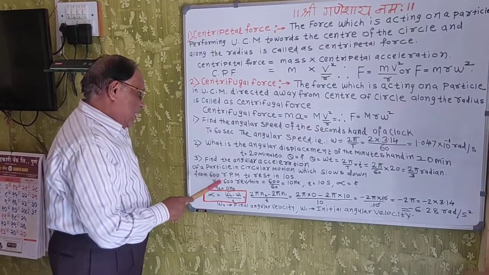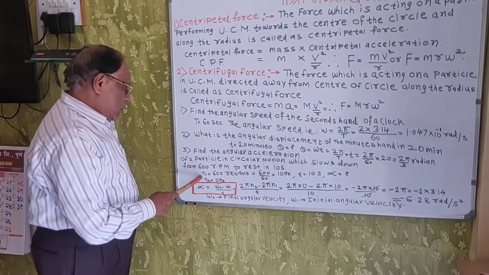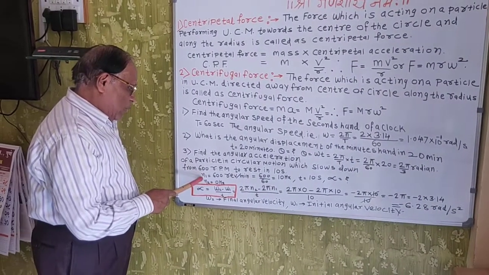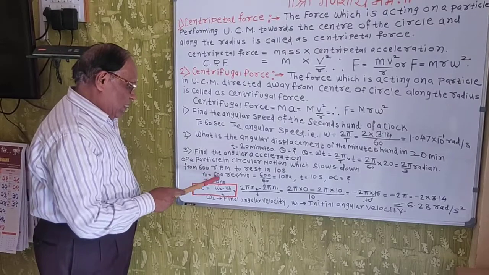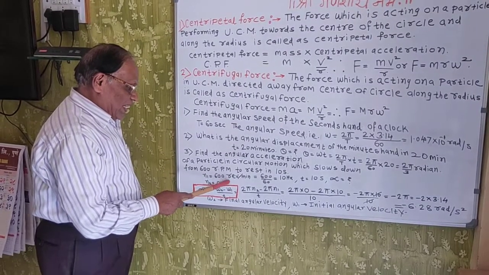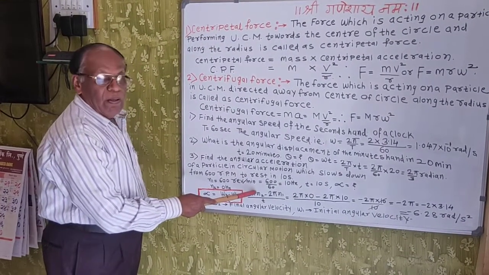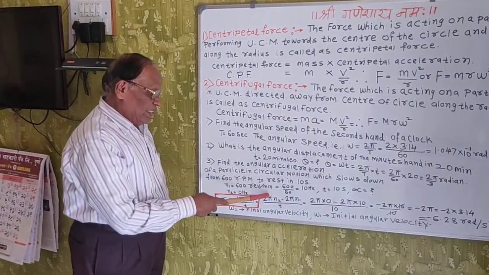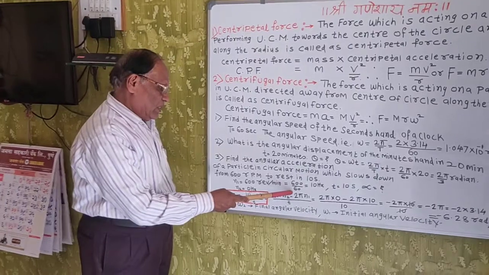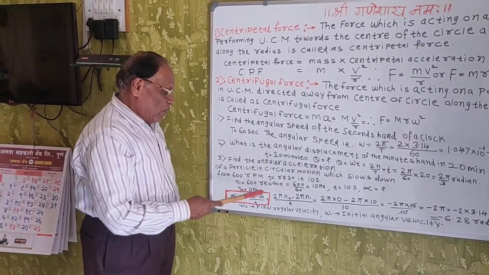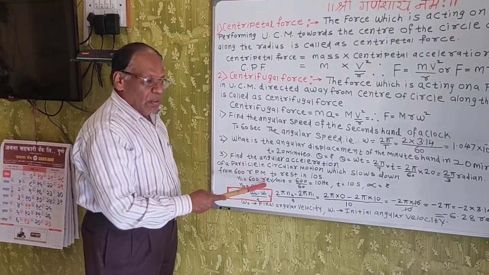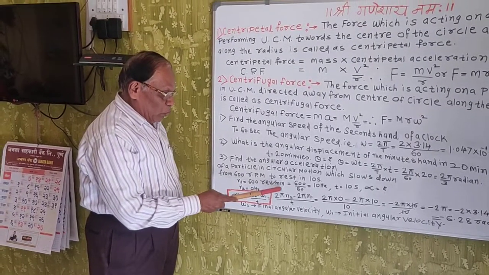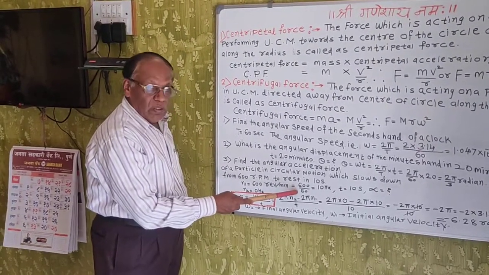Now see here, in this case the frequency is given as n1, initial frequency, as 600 revolutions per minute, but we know the relation 1 minute is equal to 60 seconds. Therefore, first of all, we have to convert frequency from revolutions per minute to revolutions per second.